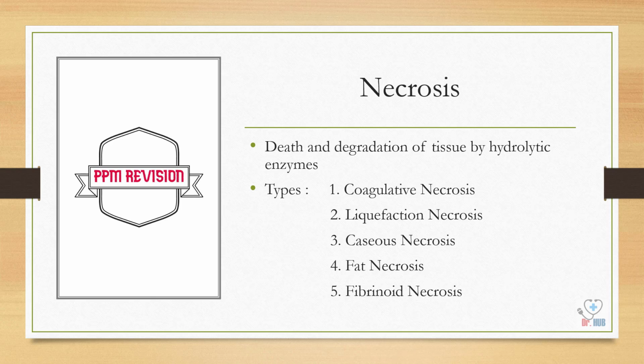Fibrinoid necrosis is characterized by a deposition of fibrin-like material, and this has staining properties similar to that of PTAH stain, that's nothing but phosphotungstic acid hematoxylin.